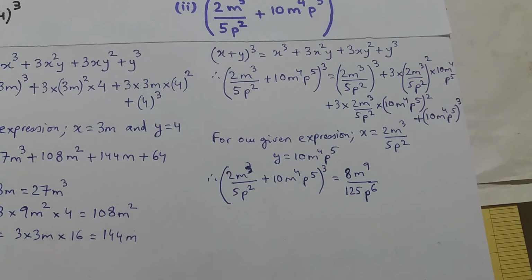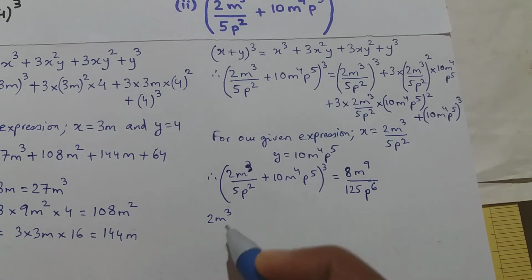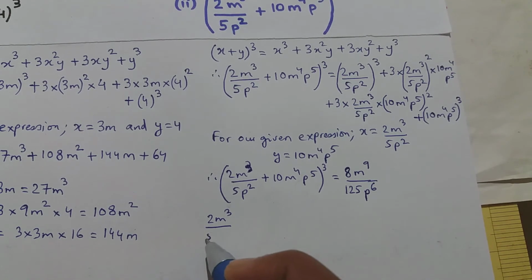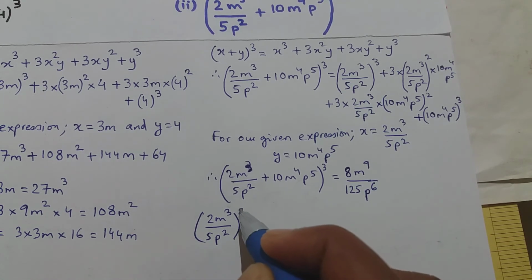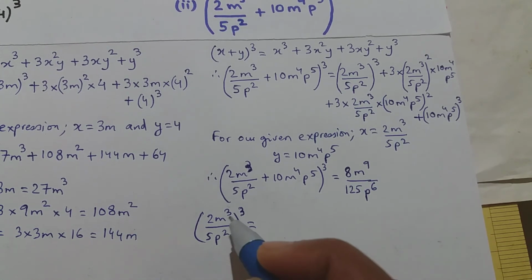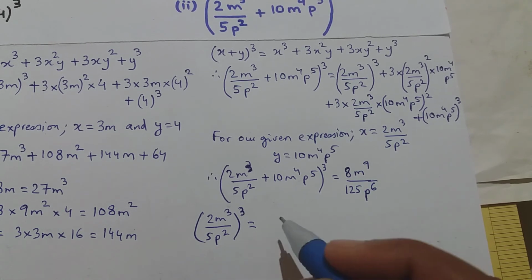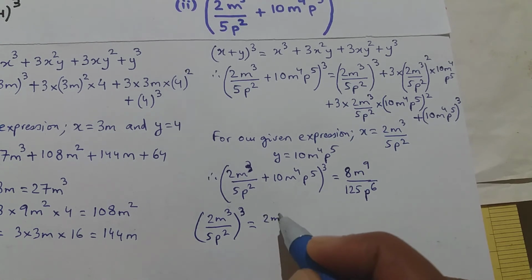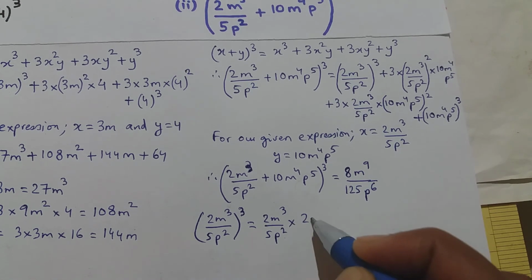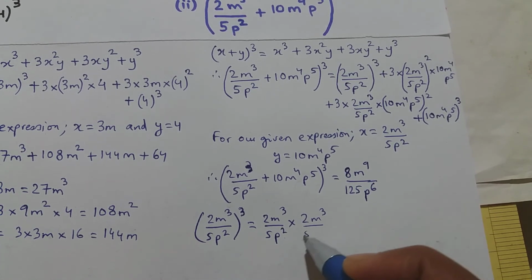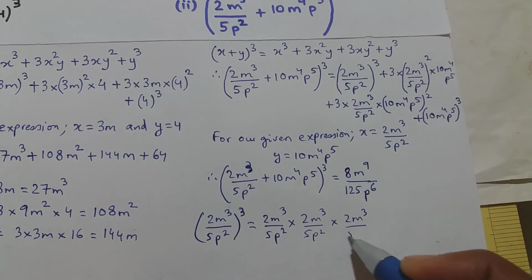So I am going to expand 2m cube upon 5p square whole cube. That is equal to 2m cube upon 5p square into 2m cube upon 5p square into 2m cube upon 5p square.